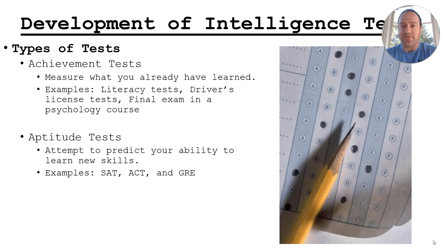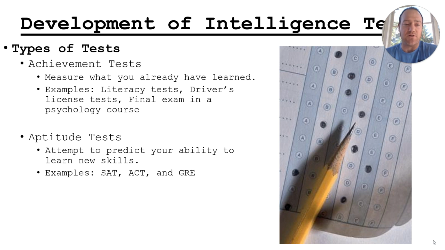The AP psychology exam is more of an achievement test than an aptitude test, but it can be considered both because it does predict your ability for college level courses. Your driver's license test is also an achievement test. They measure what you've already learned.